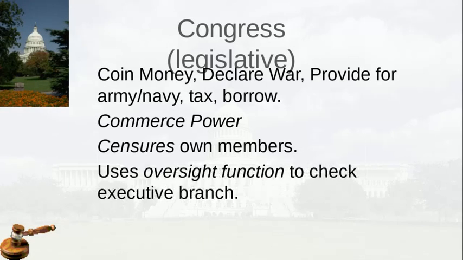Congress also has the power to punish its own members. So every so many years, depending upon which house, the people can, of course, boot someone out of office. But in the meantime, only Congress has the power to punish its own members. And then it has something called oversight.